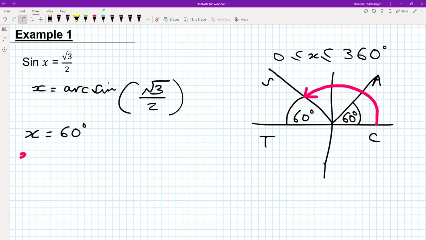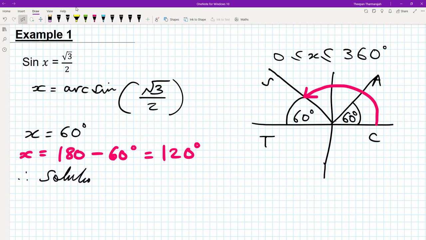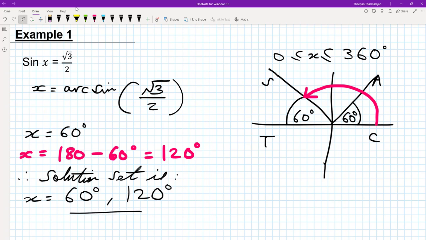So second solution is 180 minus 60 degrees. It's 120 degrees. So we can say therefore our solution set is x equals 60 degrees and 120 degrees.